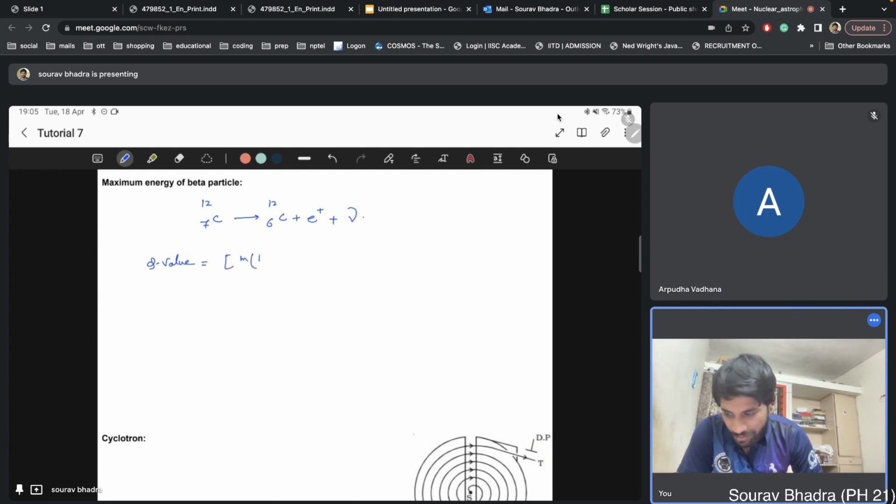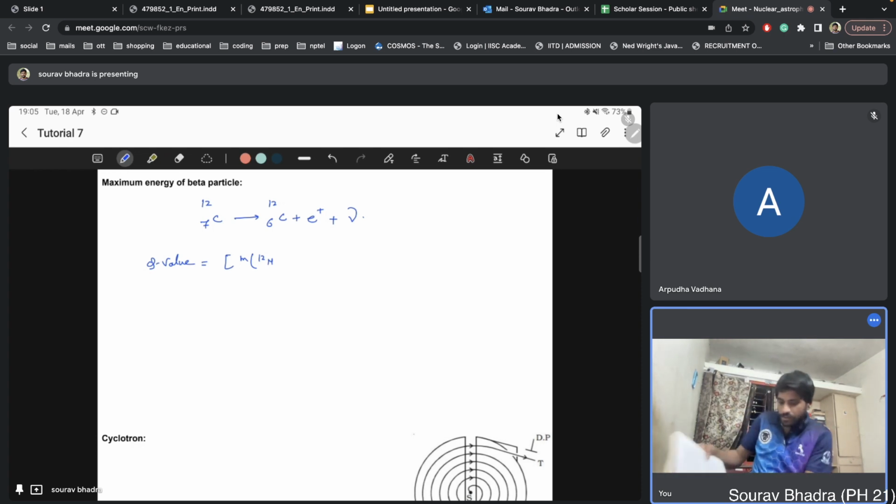So this is the mass of 12N, mass of 12C. Here I have taken, just let me check. I think I have made some mistake, just give me 2 minutes.